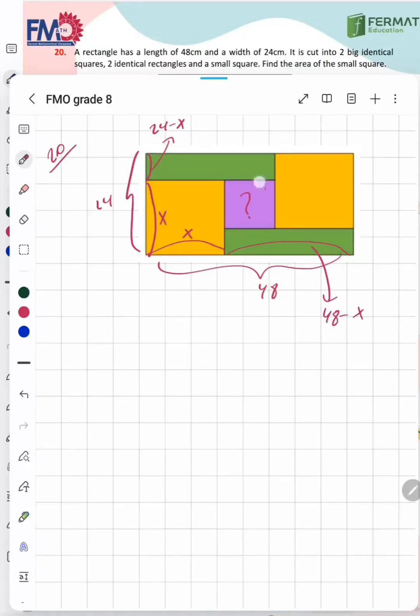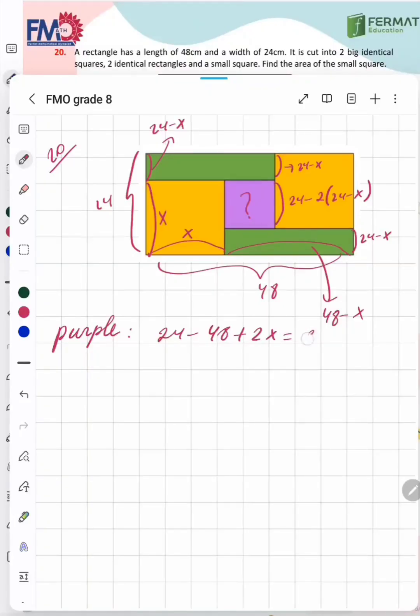Alright, so what about the purple square? We said that this is 24 minus x, so the vertical 24 consists of two 24 minus x's. So we can write 24 subtract 2 times (24 minus x) for the side of the purple square. Let's simplify the purple square side. 24 minus 2 times 24 is minus 24, plus 2x.